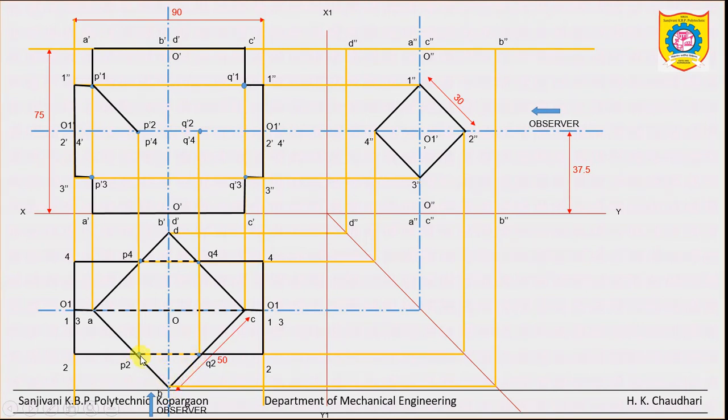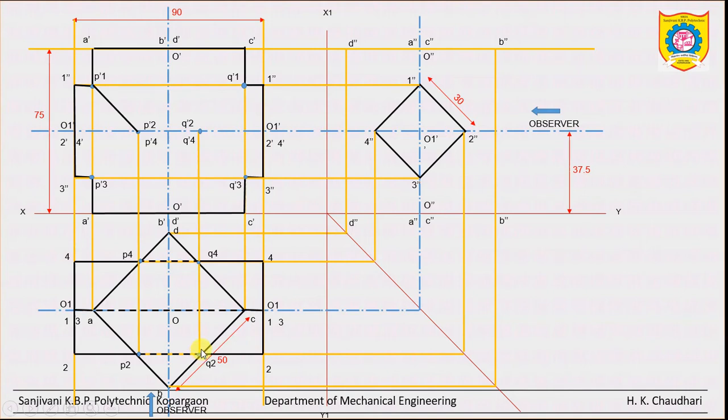Okay, now intersection starts from point P2. Here will be point P1. So this line indicates that it is the common line for intersection.